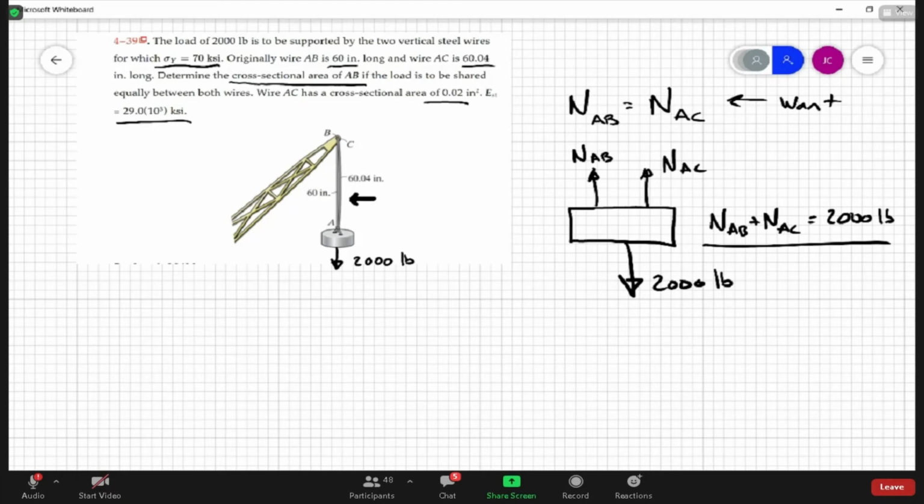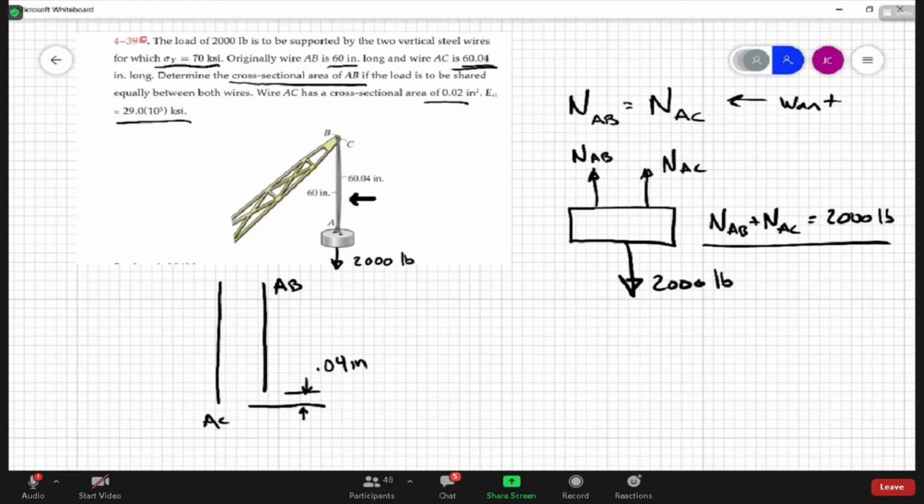So in this particular case, I'm going to exaggerate it. So this is wire AC, and here is wire AB. And initially, AC is a bit longer, right? By 0.04 inches, right? AC is a little bit longer.